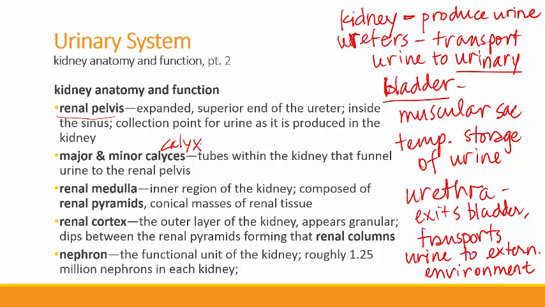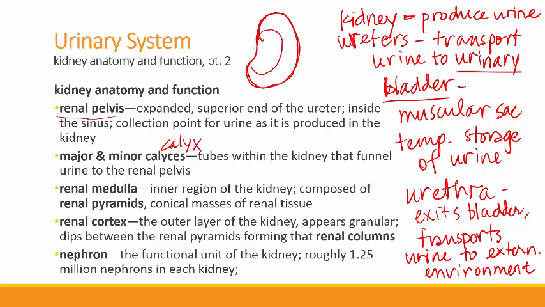So these are the tubes within the kidney that take the urine from where it has been produced and funnel it toward the renal pelvis. Let's see, I'm going to draw a little picture here. And you've got images in the book as well. I did not bring the book with me on vacation, so I don't know the exact page numbers, but I'm sure you can find them.